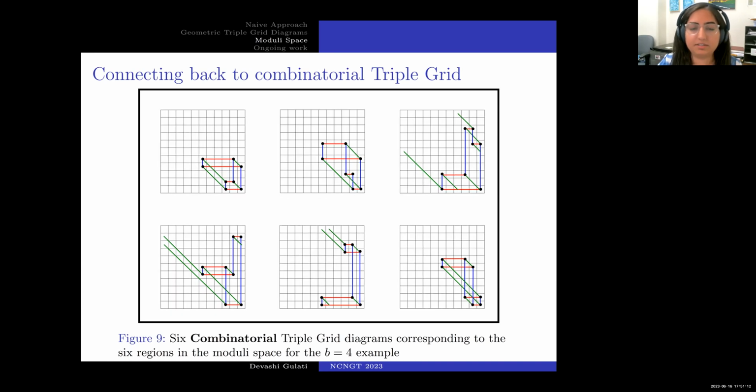And here are the 6 combinatorial triple grid diagrams we get. This is an exhaustive list of the combinatorial triple grid diagrams we get from this particular graph. In this manner, given any cubic Tate-colored graph, we can get all the combinatorial triple grids corresponding to it.